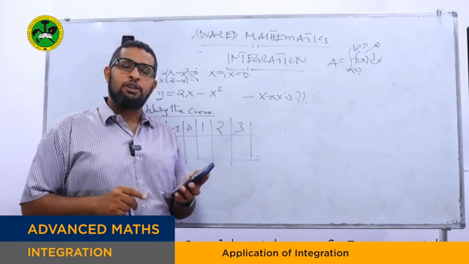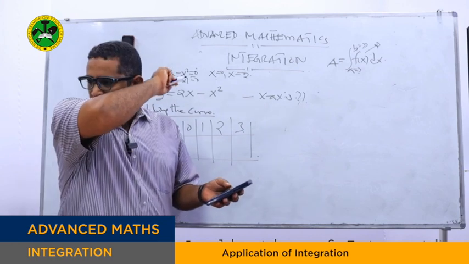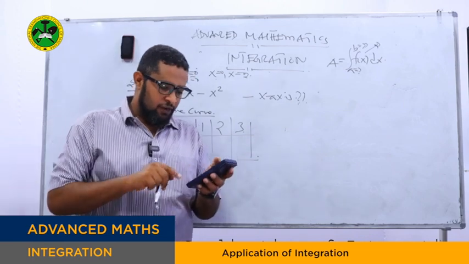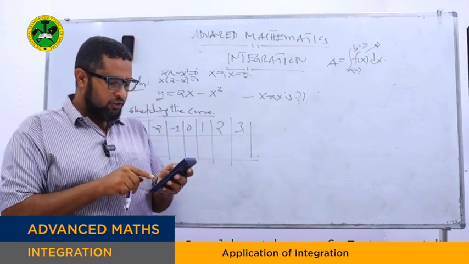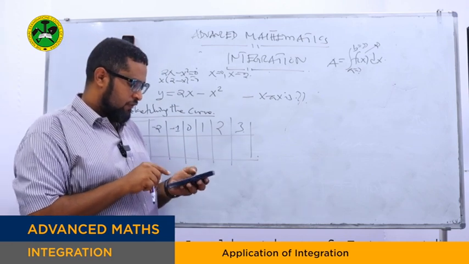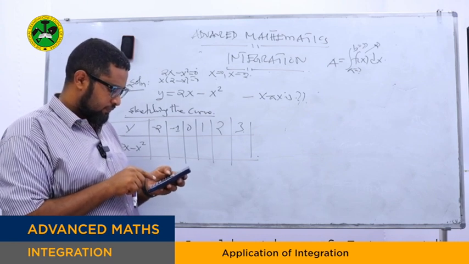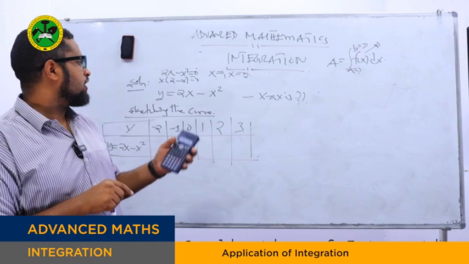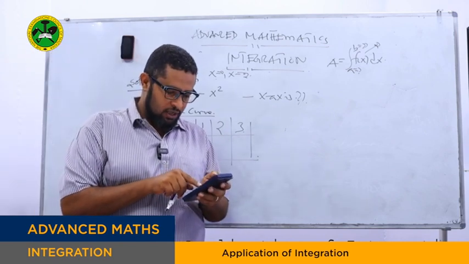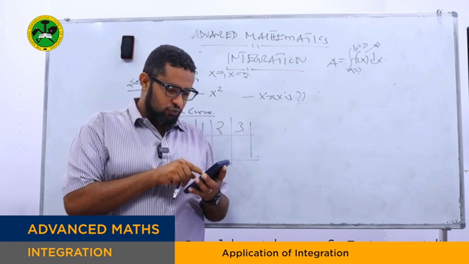So do you remember how to write the formula in calculator? Okay, use alpha, then y, alpha equal sign. We are writing that function 2x minus x squared.